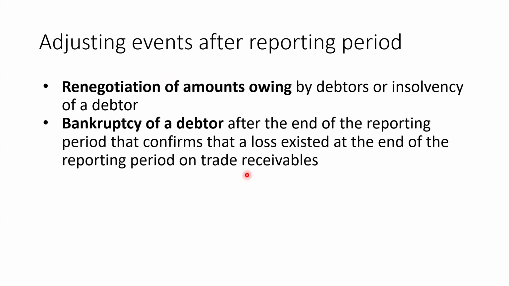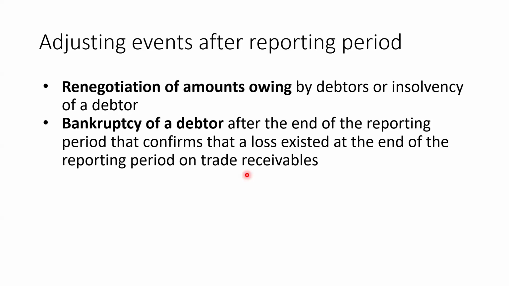Bankruptcy of a debtor. If a debtor becomes bankrupt after the end of the reporting period, it confirms that a loss existed after the reporting period on trade receivable, right? If right after the reporting date a debtor has been declared bankrupt, then it means that probably you should have written off that debt, because after the reporting date that debt had become bad, but you didn't know.